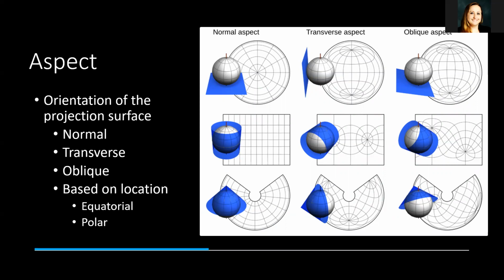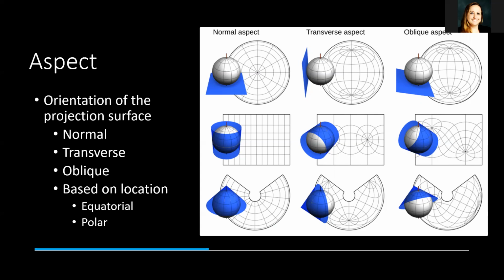In a normal projection, the projection surface is parallel to the Earth's axis, or more simply put, it's vertical based on the line drawn between the north and south poles. Transverse projections, however, are oriented perpendicular to the Earth's axis, or horizontal from west to east. Oblique projections are all other orientations that are not normal or transverse.